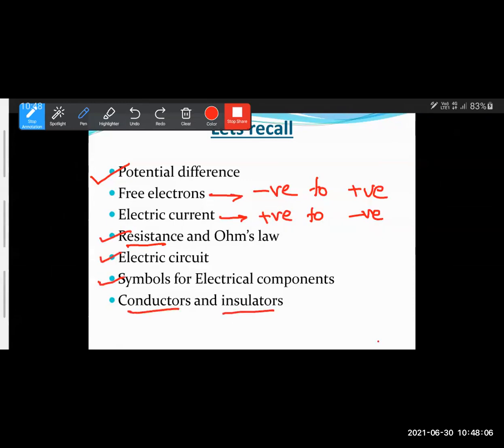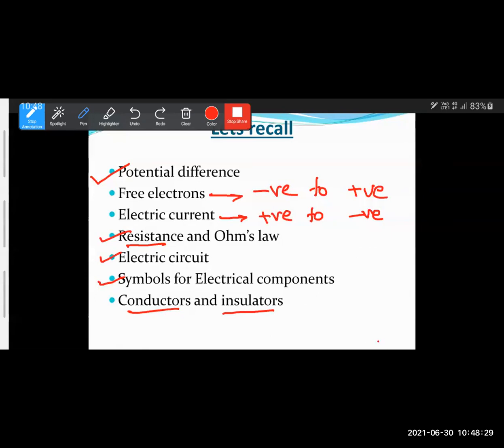Before we move into the concept of resistance, let us briefly discuss what conductors and insulators are. Any substance which has the ability to conduct electricity is called a conductor. Substances like metals, all metals like copper, iron, and alloys such as steel, conduct electricity.